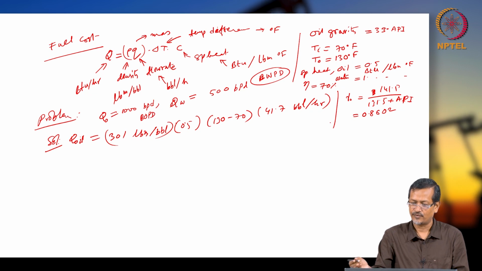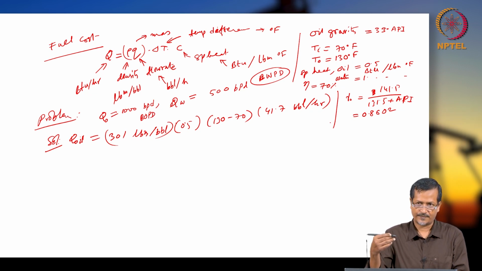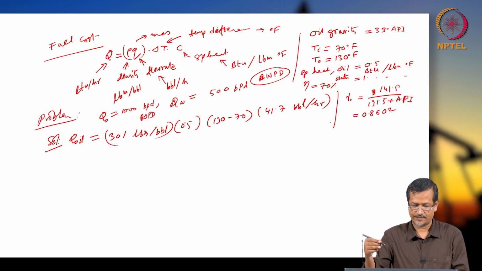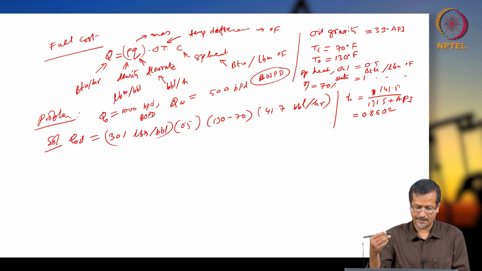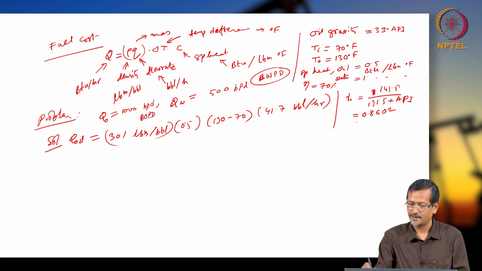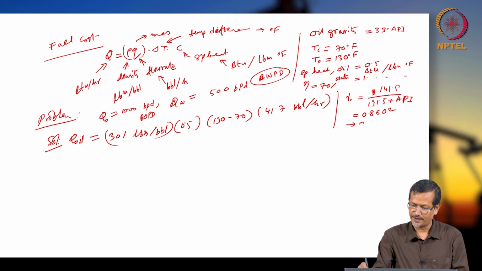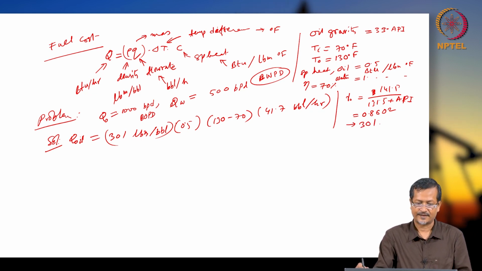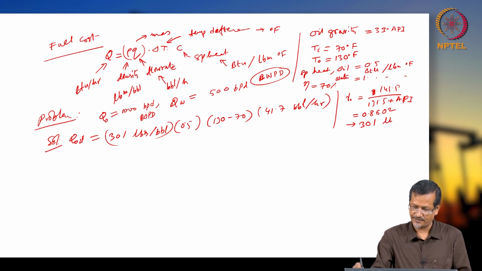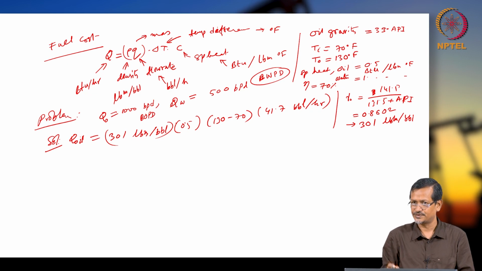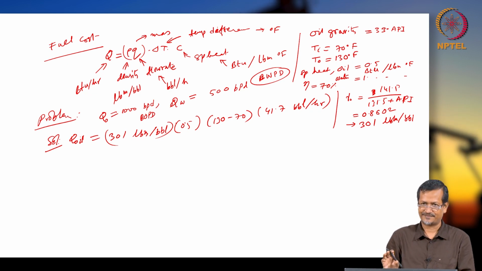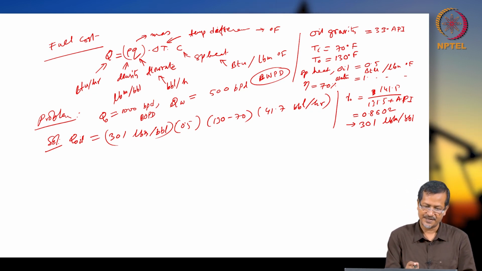Now if you convert to lbm per barrel, then that will be converted into 301. That is density, lbm per barrel.